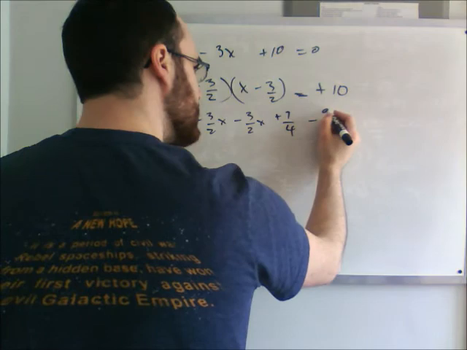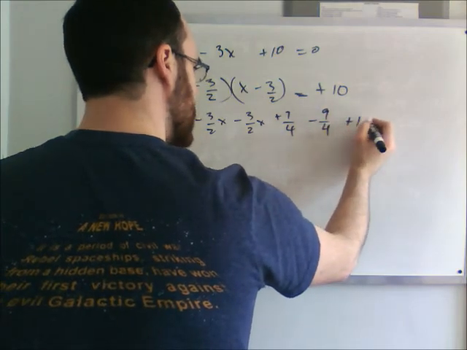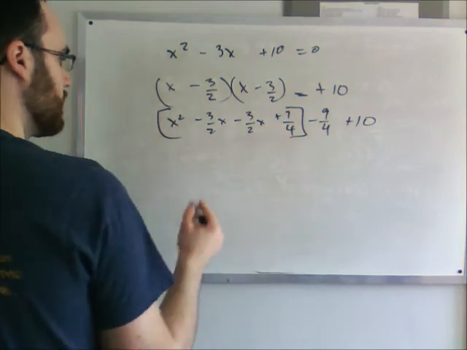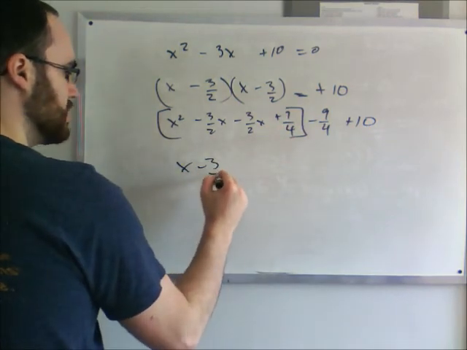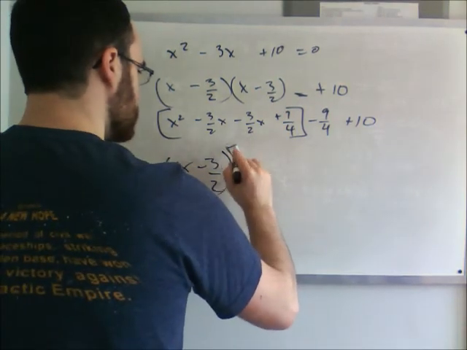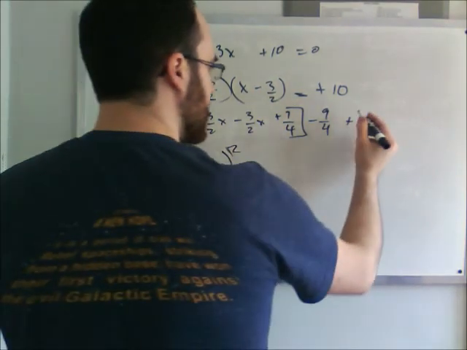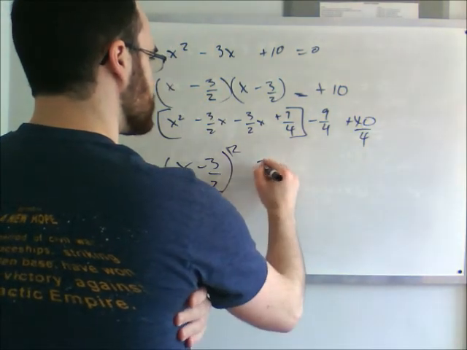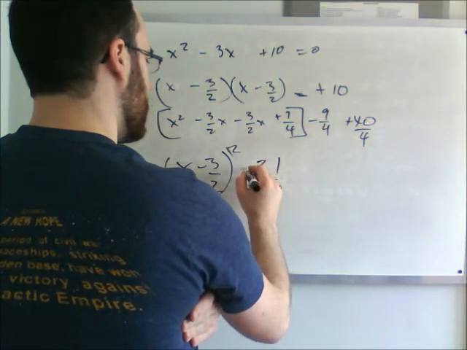So we subtract 9 over 4 and keep our 10 there. Now we're going to take our section that we know works out as a perfect square and we'll have x minus 3 over 2 squared. And again, this is 40 over 4. So minus 9 plus 40 is 31 over 4, and it's positive.